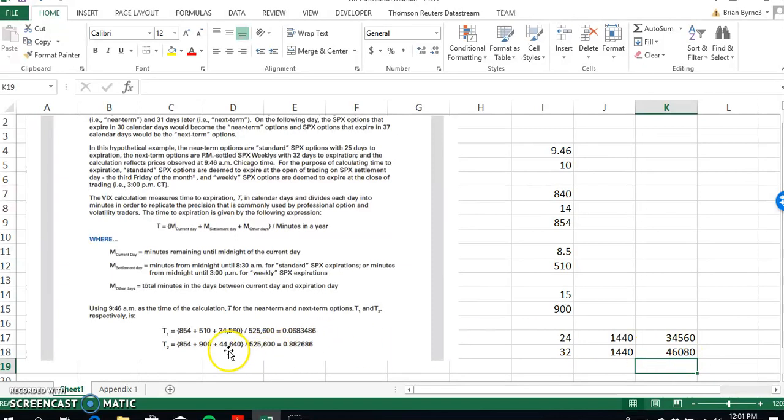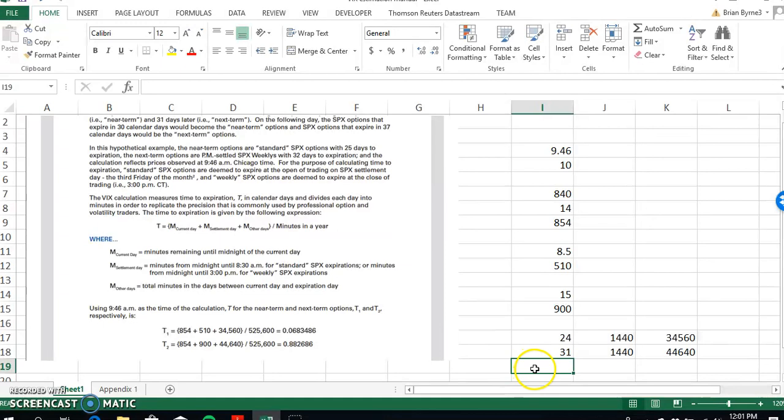But of course, we've got to note that we are just 1 day less in the settlement, and the current days that are already included. Then we have to take out a day, and that brings us back to 44,640.